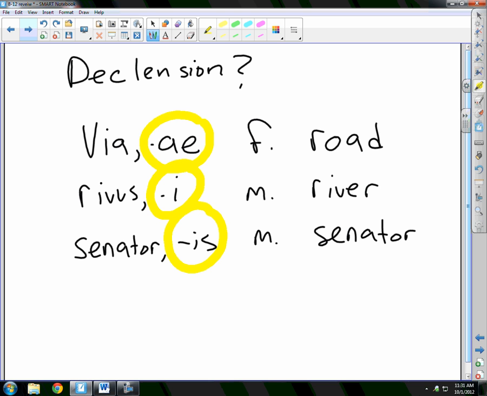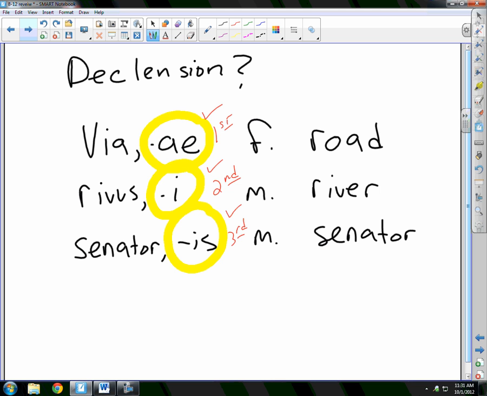These genitive singulars will tell me what declension a word is. If the genitive singular is AE, I have a first declension word. If the genitive singular is I, then I have a second declension word. And if the genitive singular is IS, I have a third declension word.